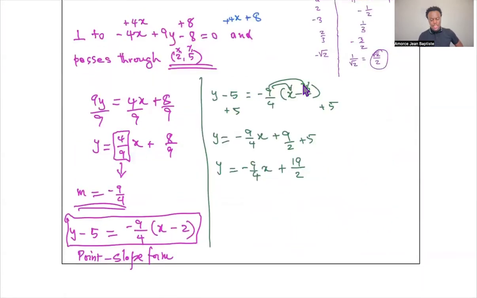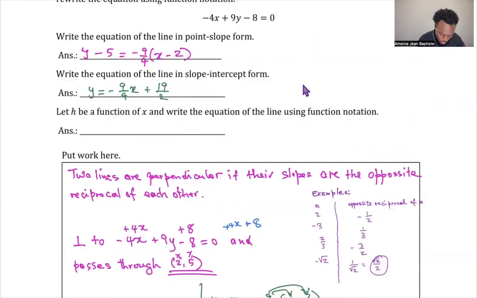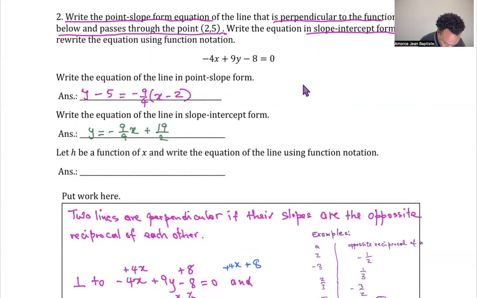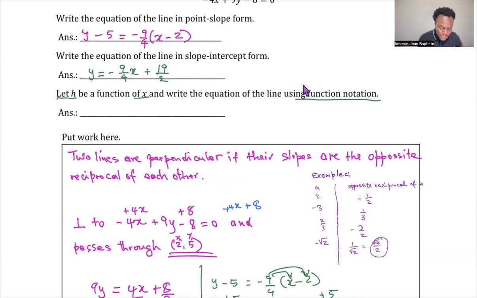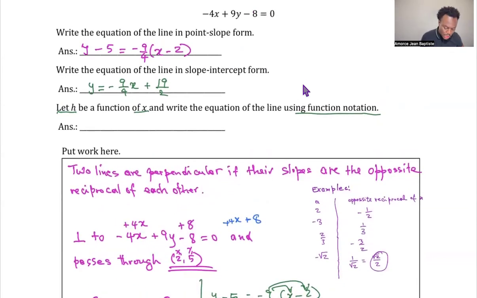And then finally, they want us to write, let h be the function notation, function of x, and write the equation in function notation. So basically, the function notation will be replacing the y by h of x, since they already named the function as h in this equation.